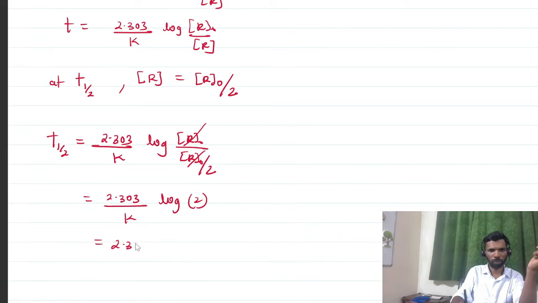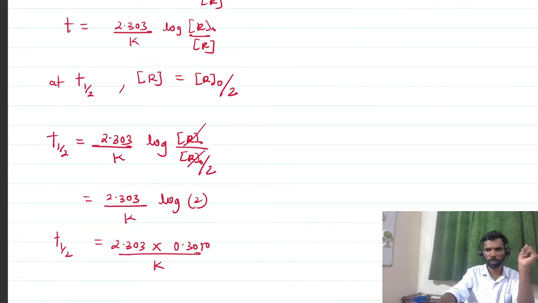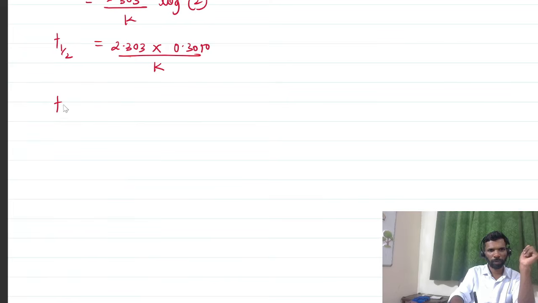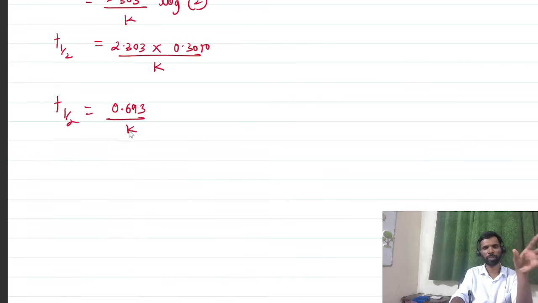What is log of 2? Log of 2 is 0.3010, so this is 0.3010 times 2.303 upon K, and this finally comes down to t half is equal to 0.693 upon K. So this is the thing.